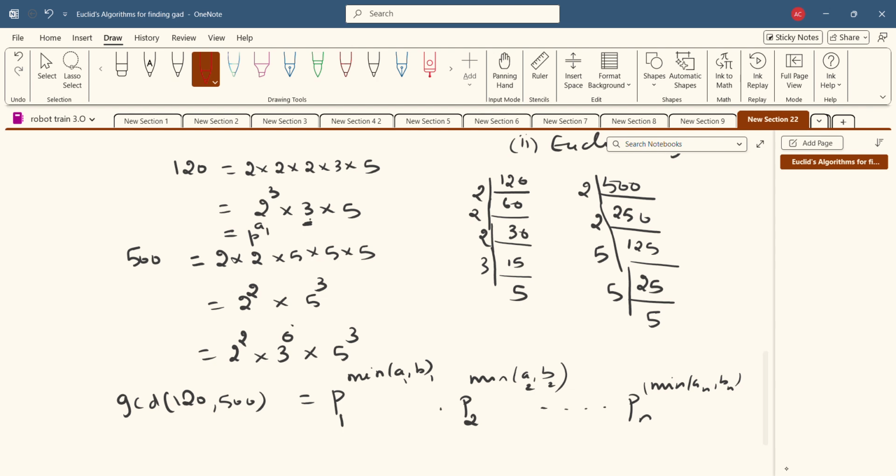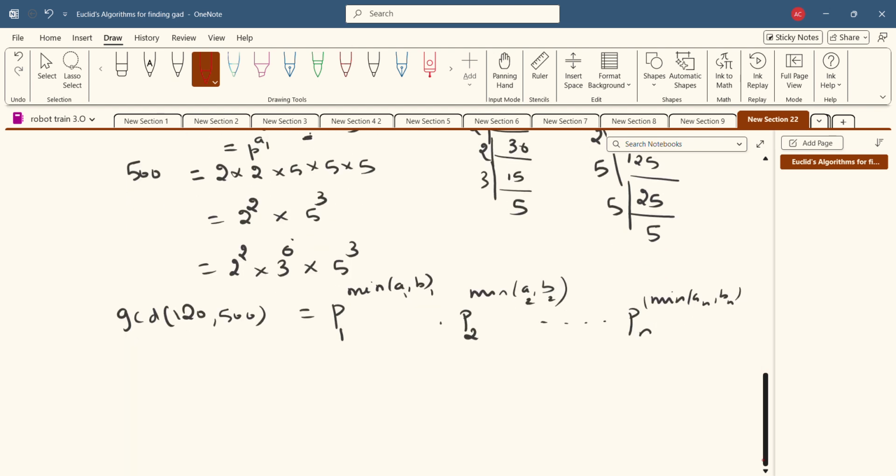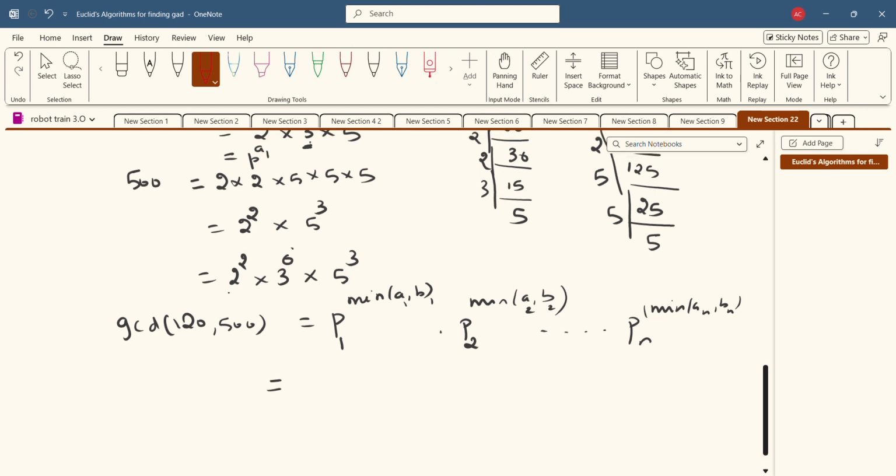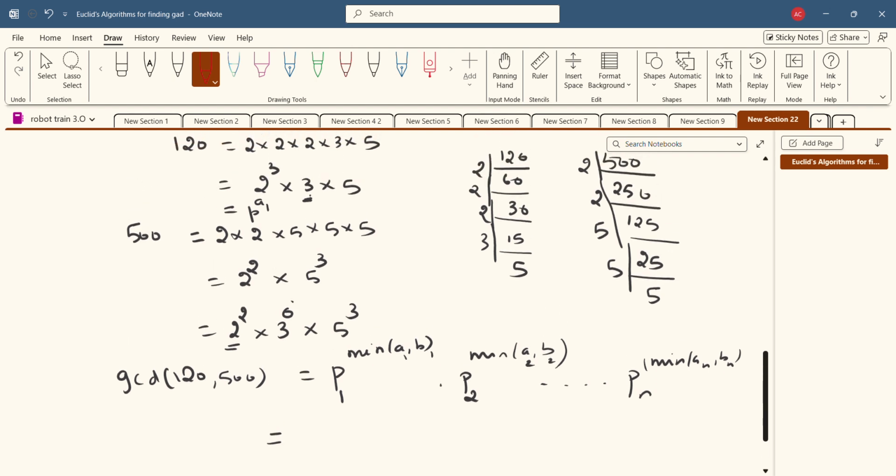So from this, how are we going to write the greatest common divisor of these two numbers? For P1, the first prime is 2. So what about the power of 2 in 120 and in 500? The power of 2 in 120 is 3. The power of 2 in 500 is 2. So 2 power minimum of 3 comma 2.